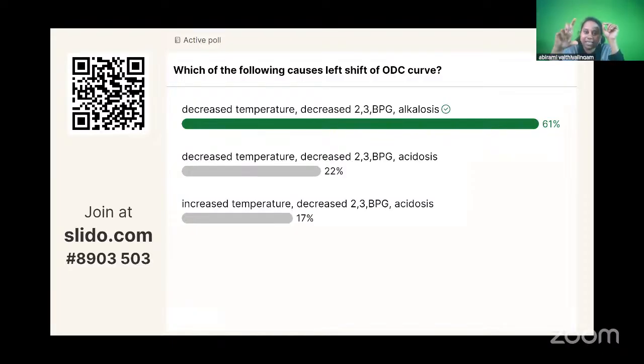H plus is acid. If acid is decreasing, it means alkalosis. So the answer is the first one. 61% of you have given the right answer. The others who have confused, no confusion at all. Left shift means negative. When acid is decreasing, alkalosis. Don't get confused. That's why I wanted this question. I think a year ago this was your own FMG question.